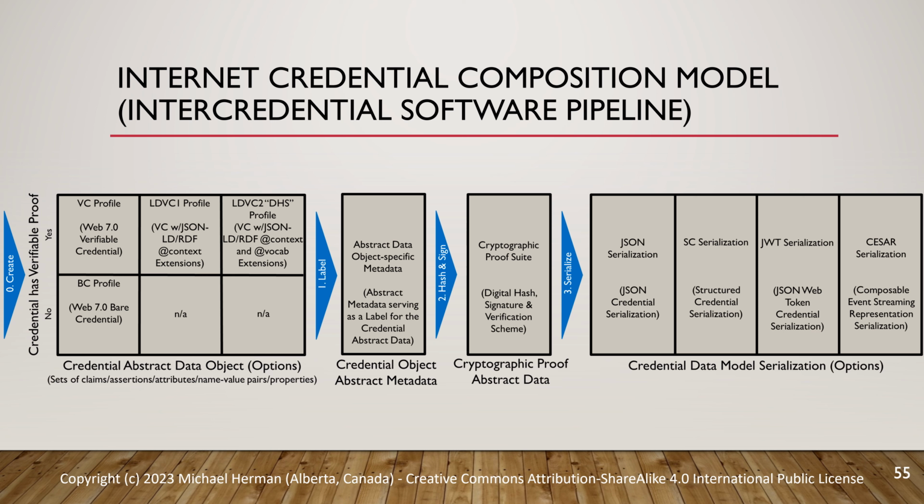Then we want to move forward to take those properties and metadata, and we want to compute the proof in step 2, the hash and sign step. And then the last step is step 3, where we're going to take the values of those properties, the named attributes, assertions, and the named metadata properties, and we're going to serialize them into one of these 4 serializations and potentially others.